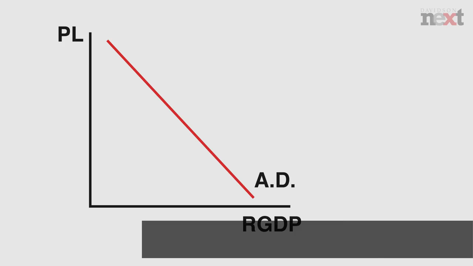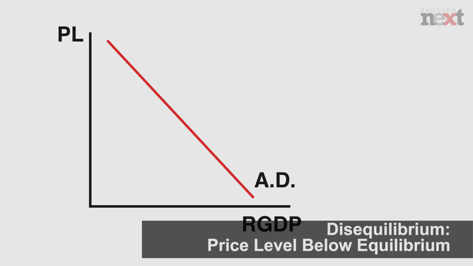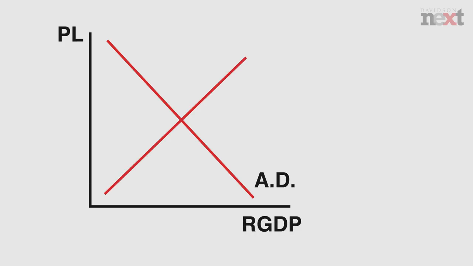Now let's consider what will happen if price level initially is below the equilibrium price level. So in a situation where the price level is below the equilibrium level, we have a price level again such as P star. And at P star, we now have a situation where aggregate supply is less than aggregate demand.